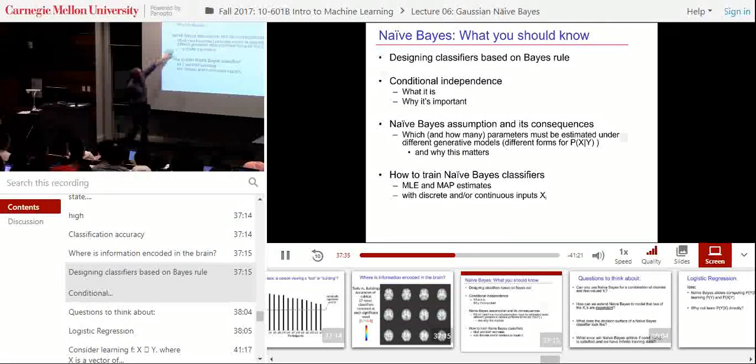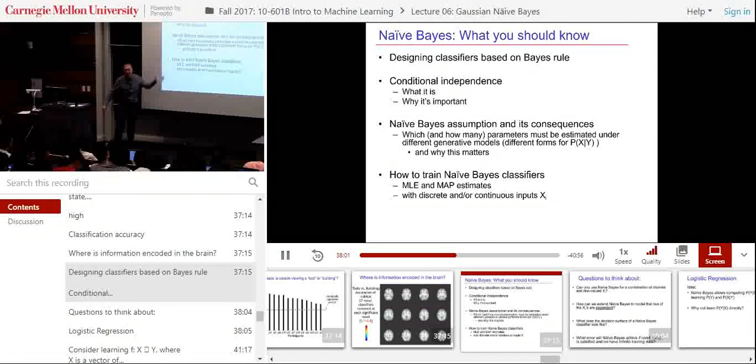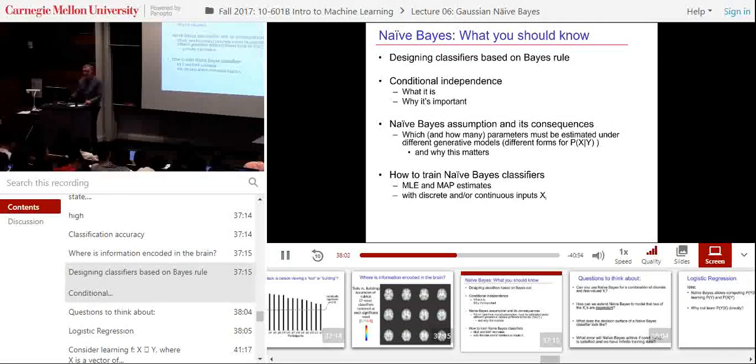Its consequences, remember when we introduced it, we were training a whole joint distribution correctly versus making this conditional independence assumption and seeing that if we did, it would dramatically reduce the number of parameters we had to estimate. And then how you would actually train them and use them.